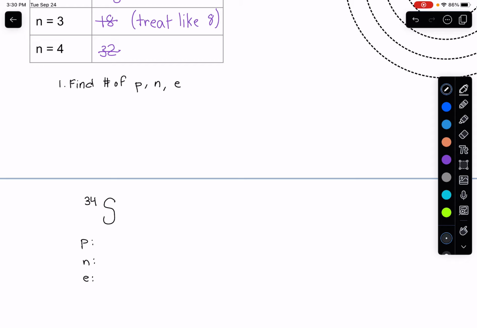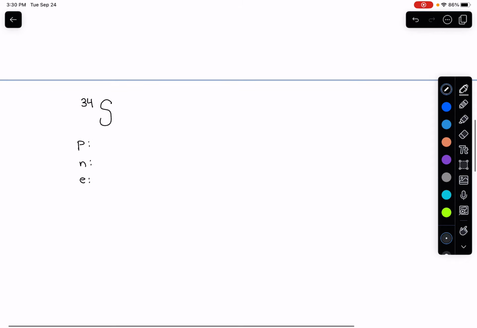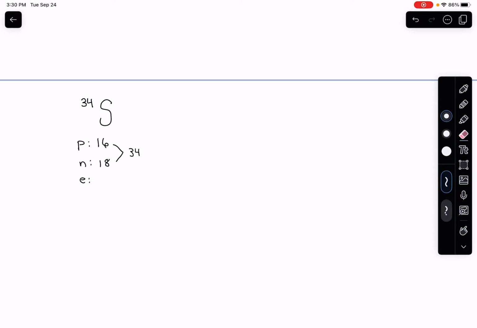So if I look up sulfur on the periodic table, sulfur is element number 16, which means it has 16 protons. I know that the mass number 34 is going to be the protons and the neutrons combined. So I need to find a number that adds with 16 to give me 34. And that number is going to be 18. Those 2 numbers add to 34.